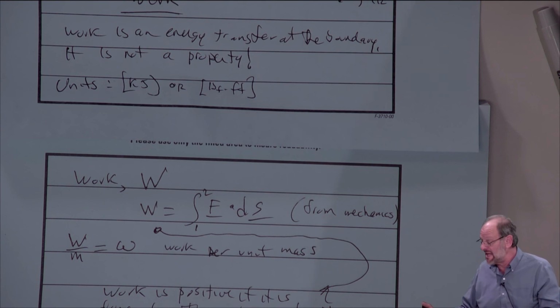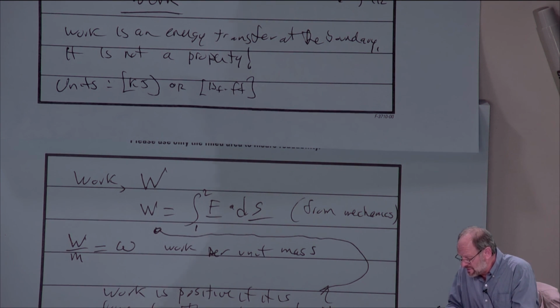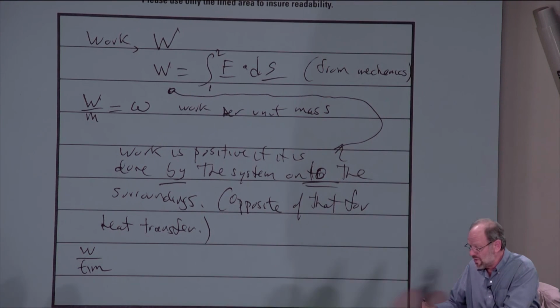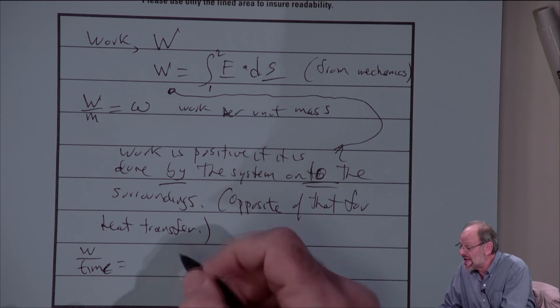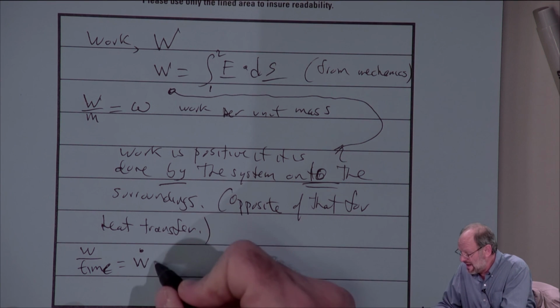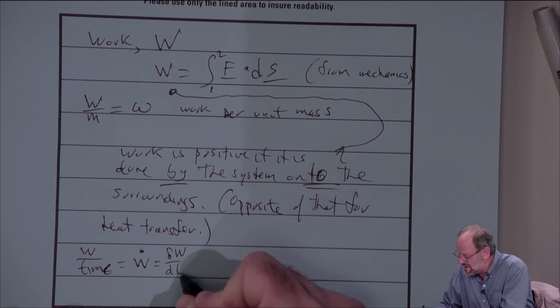Now again, like heat transfer, we can have work per unit mass, as I mentioned just previously above. We could also have work per unit time. So if we have work over time, then we're going to write this as W dot. More formally, this should really be delta W dt.